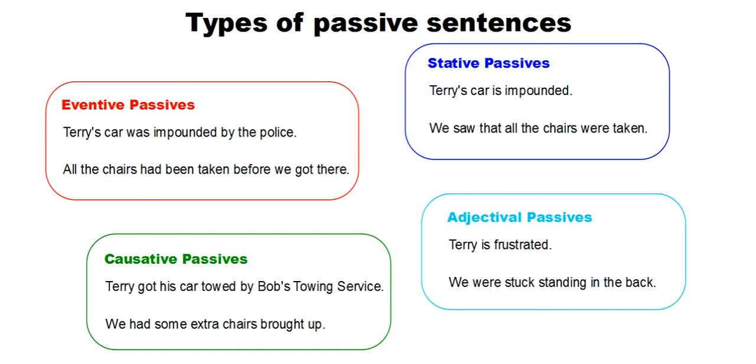What's important to note about causative passives is that they generally can't use the verb to be. I can't say Terry is his car towed, or was his car towed. I have to use get or have for these verbs. Always get or have. And that works the same in active sentences with the causative as well.